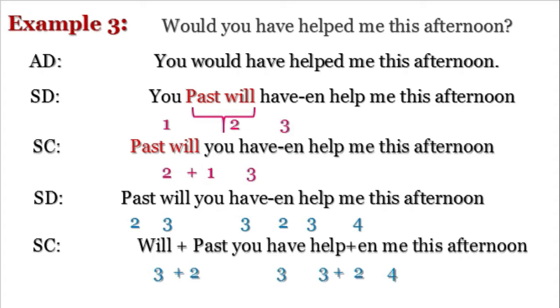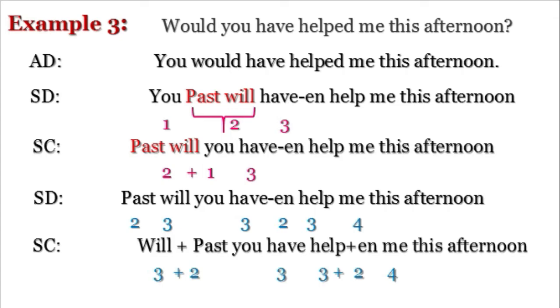In the structural change, we take the first two elements, past and will, and add them to the NP, which is you, meaning 2 plus 1, and the rest will have number 3. Then we apply the structural description, which remains the same as the structural change of the yes/no question: past will you have en help me this afternoon.